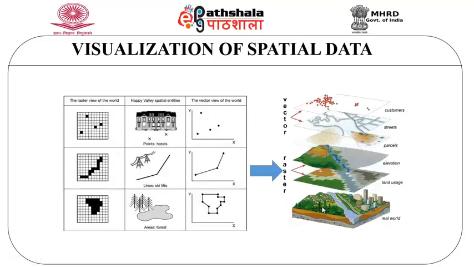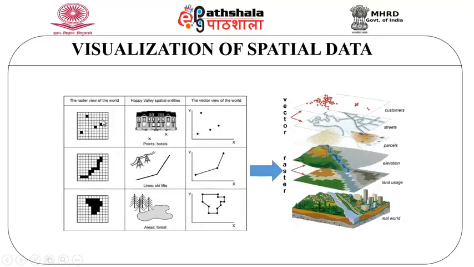Here is a comparison chart which shows the comparison of the raster data as well as the vector data. The left hand side shows the raster data and the right hand side shows the vector data representation. In raster data, the data points are represented inside grids or in a matrix format.